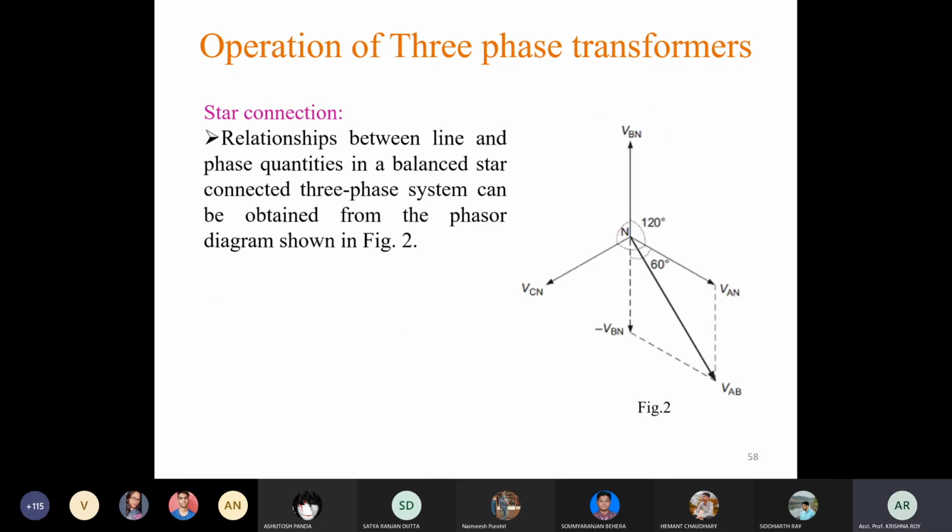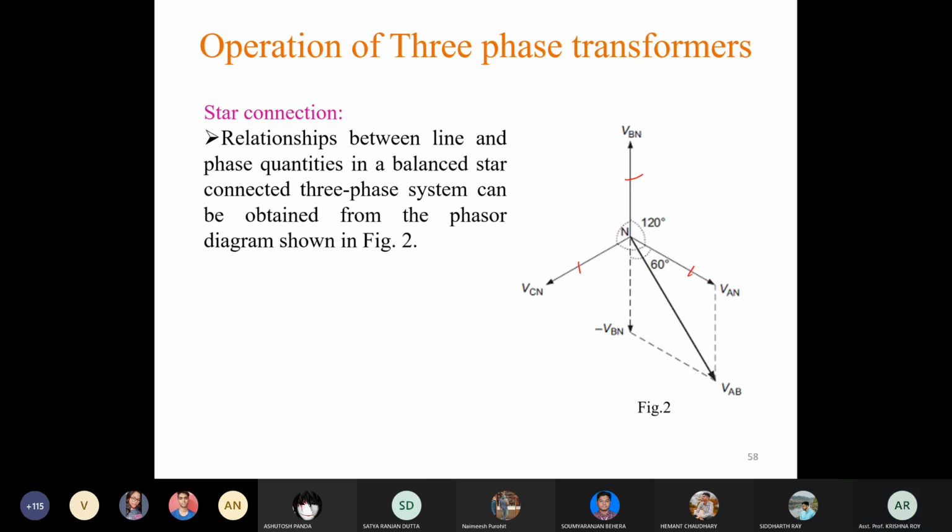So from this phasor diagram we can determine the relation between line voltage and phase voltage. So three phase voltages are there: VAN, VBN, VCN. So VAB is actually the resultant of VAN and the opposite of VBN, that is minus of VBN.